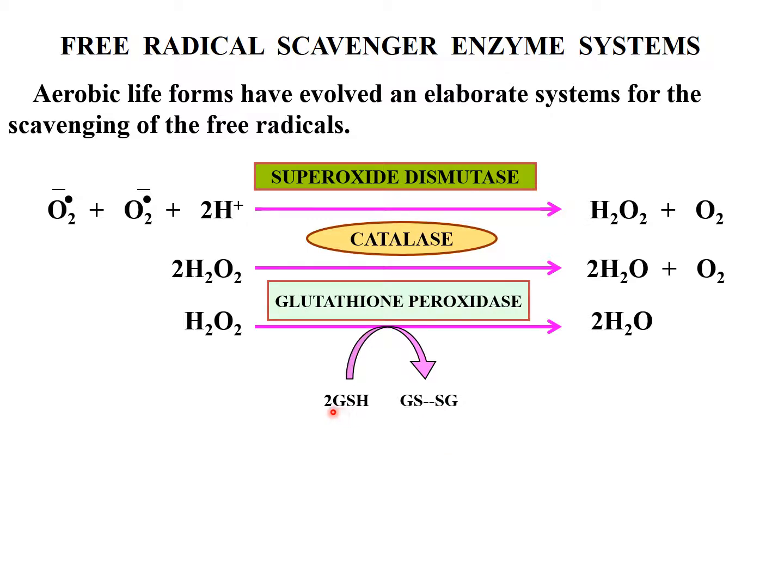If you look at this, glutathione, which is represented as G, has sulfur, that's why it is S, holding a hydrogen. So one sulfur holds one hydrogen. So there are two glutathione molecules with two sulfurs holding two hydrogens. Whenever glutathione holds hydrogen, it is considered to be in a reduced form. So this is reduced glutathione.